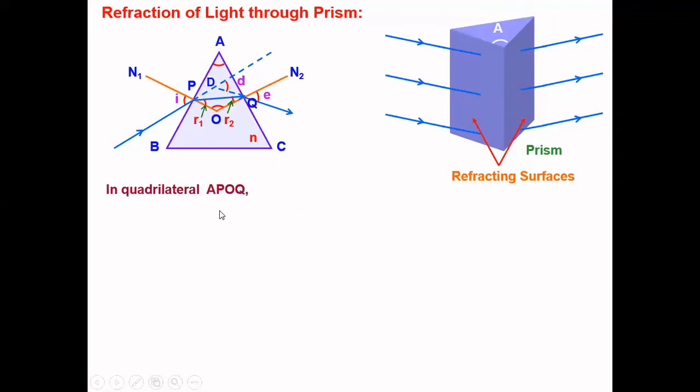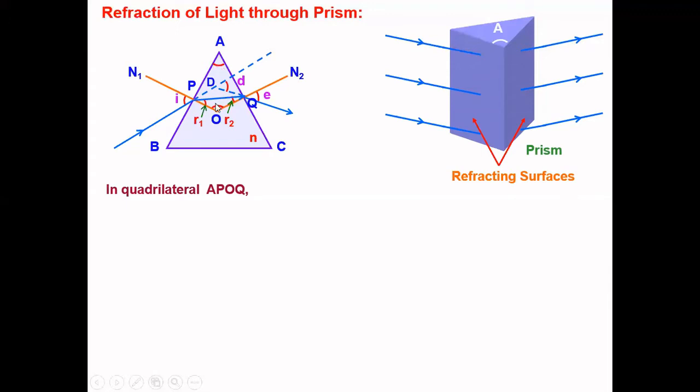Next, in quadrilateral APOQ, in any quadrilateral, the internal angles add up to 360 degrees. At P and at Q, these two, N1O and N2O, are normals, so the angles at P and Q are 90 degrees.